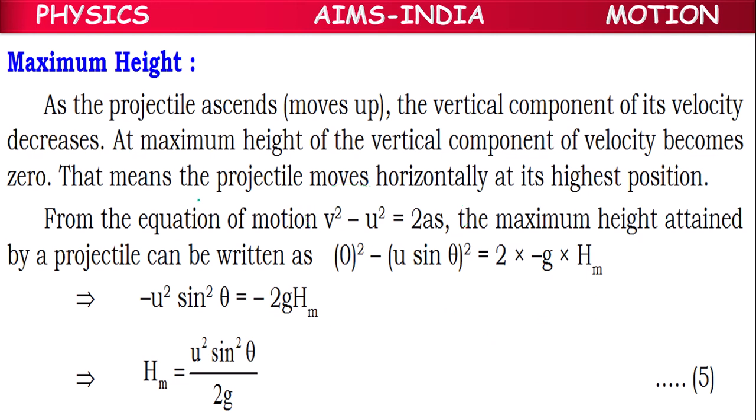With the help of this, in place of v square we can keep 0, because at maximum height the v value is 0. In place of u, we can take u sin theta, the vertical component of initial velocity. So u sin theta whole square, 2as. While throwing, the body is going up, and the upward direction is taken as positive.